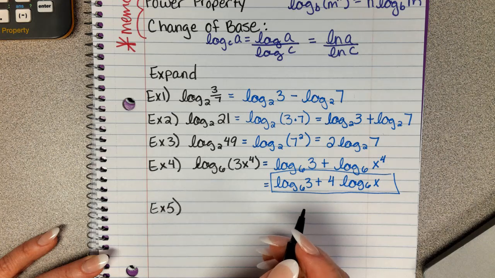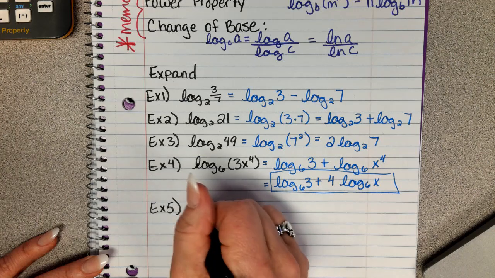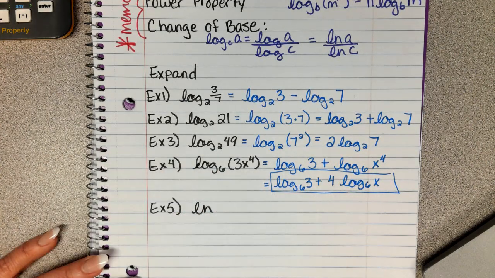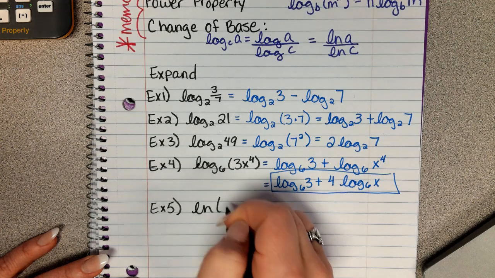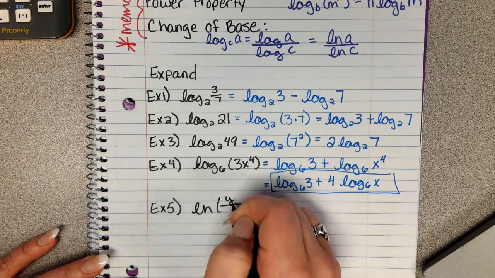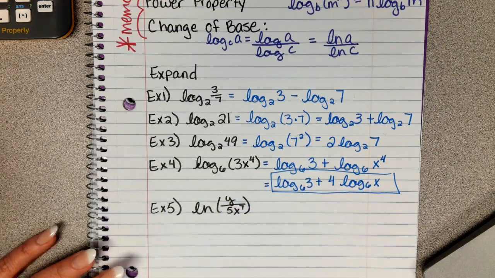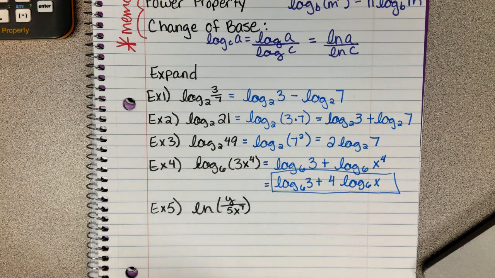Let's do one with subtraction. Let's do the natural log of y over 5x to the 7. Natural log, the rules are the same.